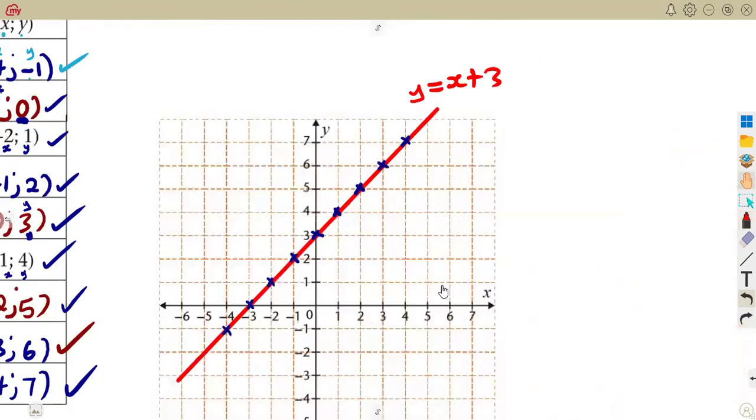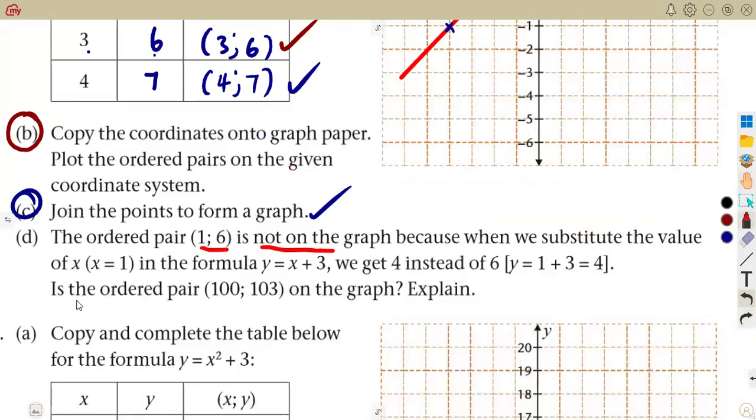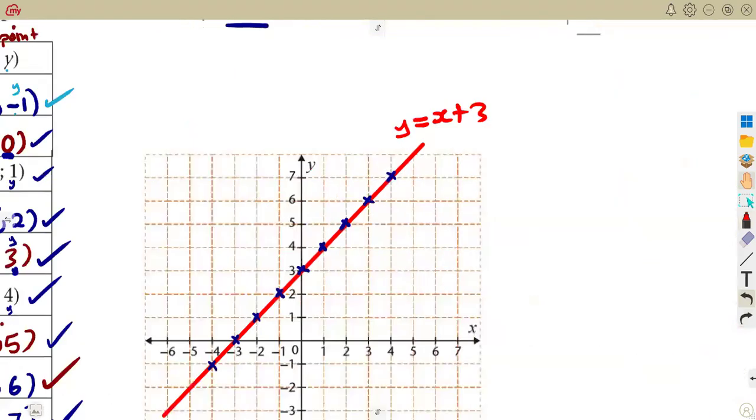So here the question is: is the ordered pair (100, 103) on the graph? Explain. They're saying if this graph was going up like that, and there is a 100 there, were we going to have (100, 103) marked on this graph? Was it going to be possible?